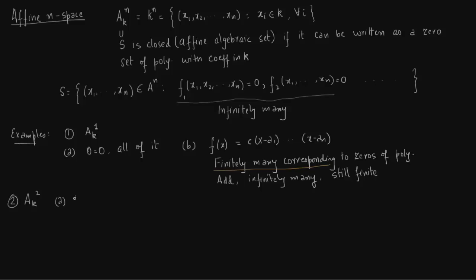So you first start with 0 equals 0. So all of the plane is a closed set. Again, we copy B as it is, a finite number of points. In fact, all points like x minus a1, so you can have these points which also form closed sets.